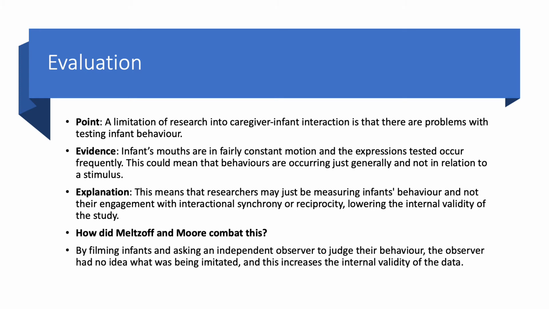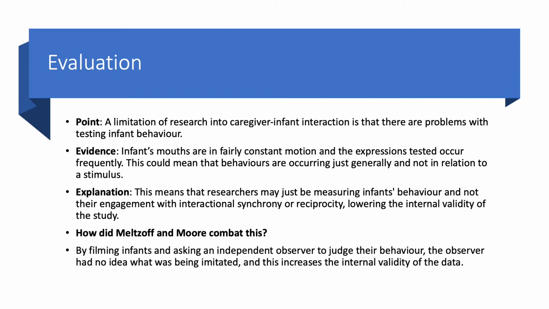They did this in a few ways. They filmed infants and asked an independent observer who had no idea what the infant had seen, which means they were just collecting data based on what they were seeing. They didn't know the aim of the study, therefore that increases the internal validity of the data.